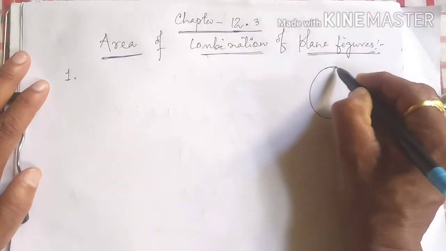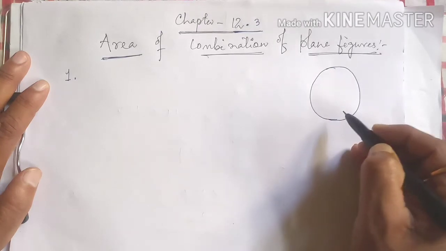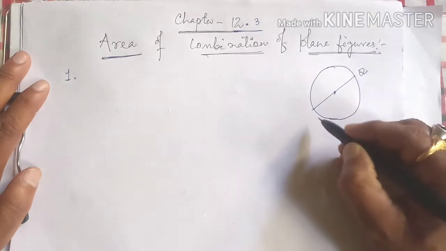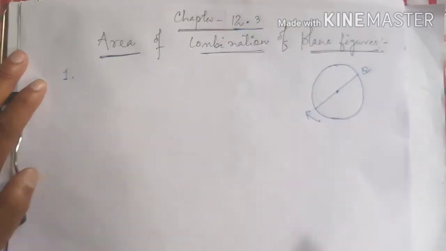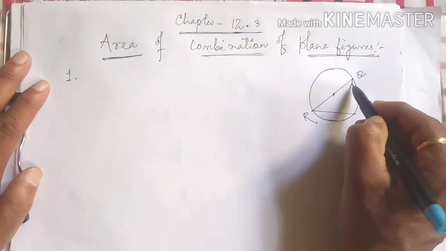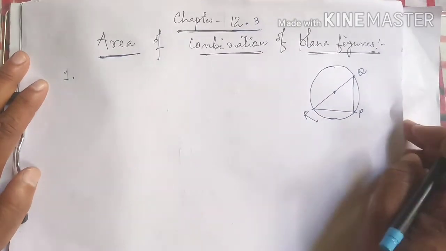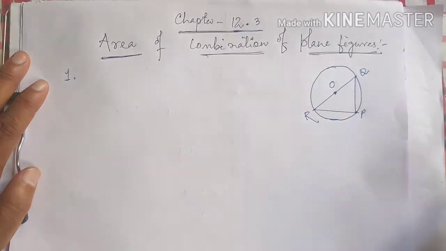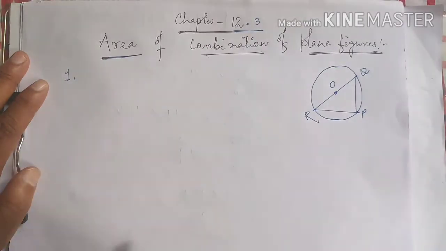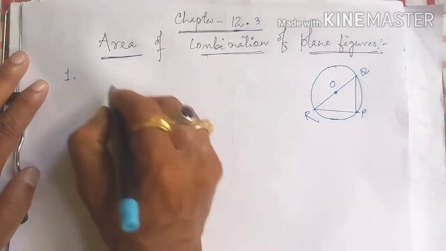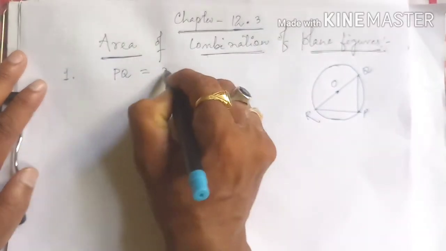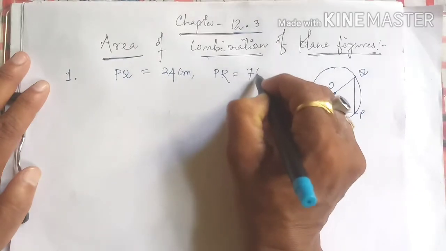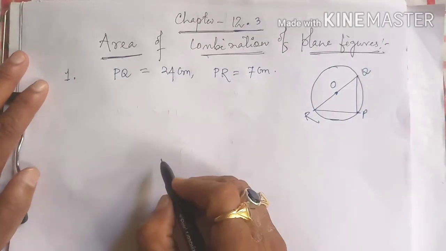Here is the question. You see one circle, O is the center point, with diameter QR, and this is P. The question is: find the area of the shaded region, given that PQ equals 24 centimeter, PR equals 7 centimeter, and O is the center of the circle.